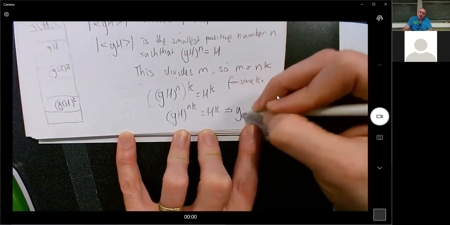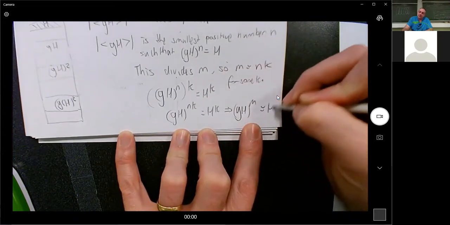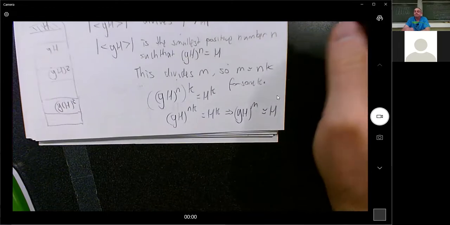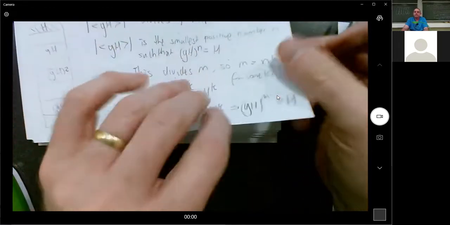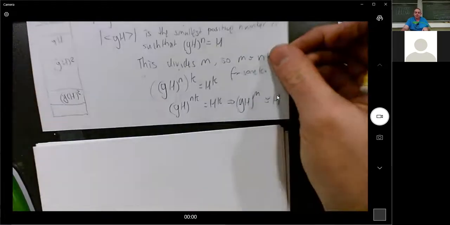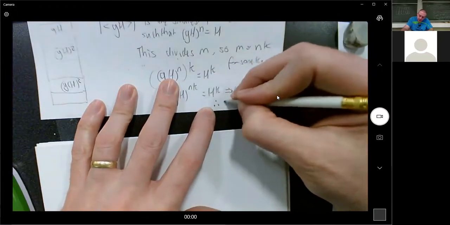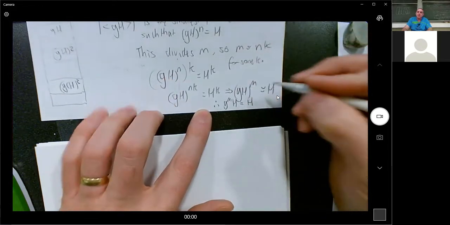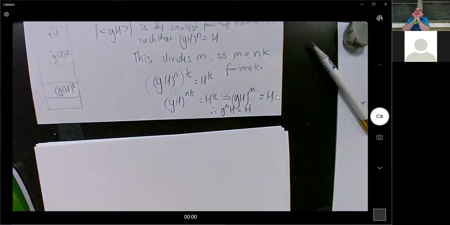And so therefore gH to the m is H. And therefore g^m H is H, because that's what gH to the m is. There's probably another way.